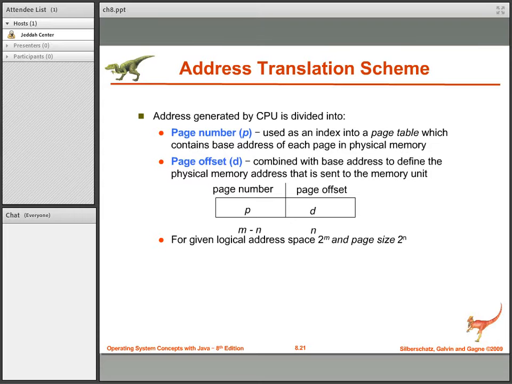And you can see in front of you the division of the two parts, the page number and the page offset.